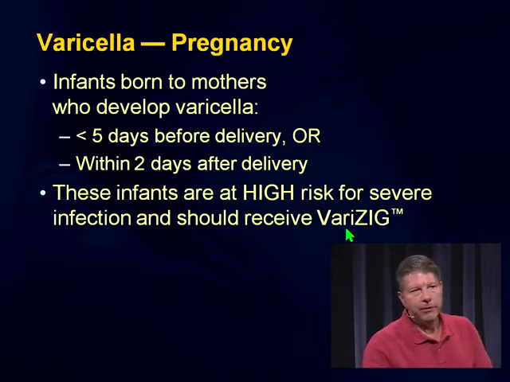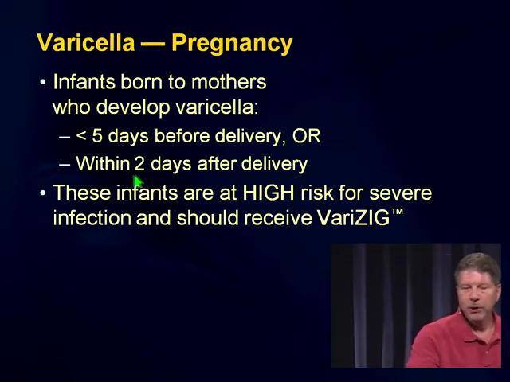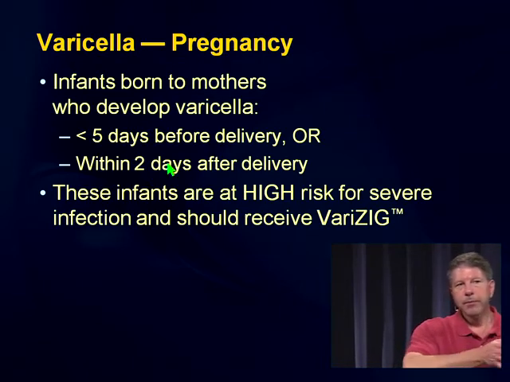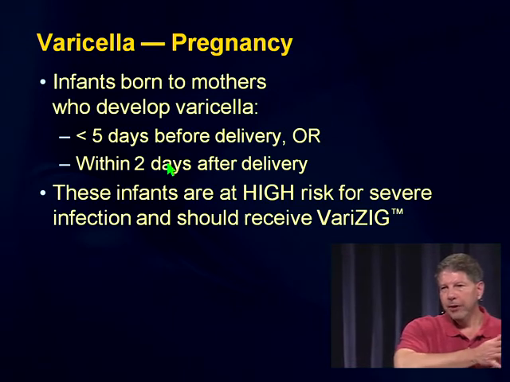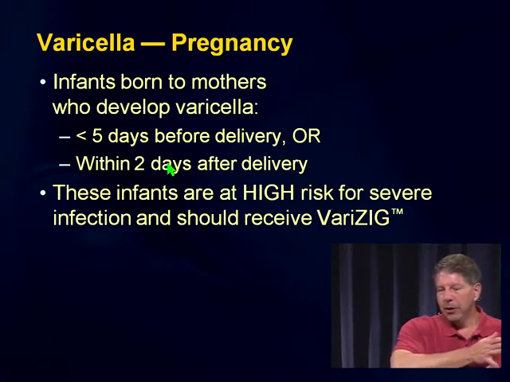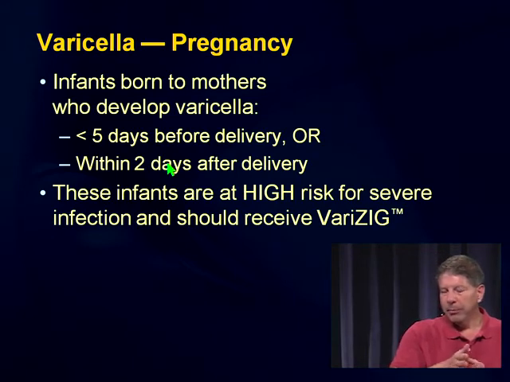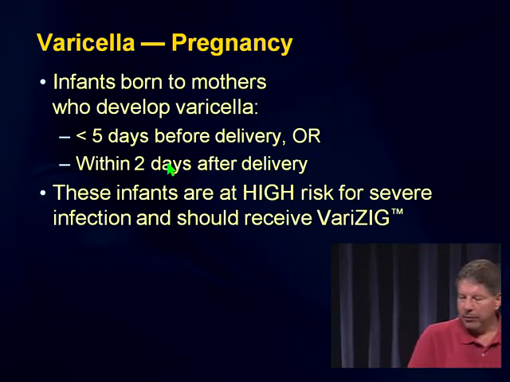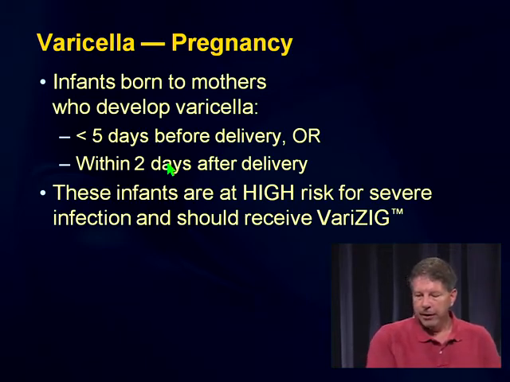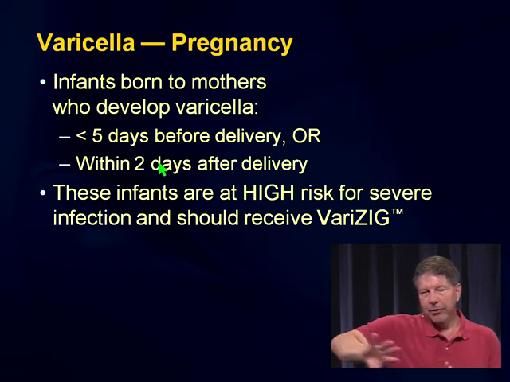The reason is because the mother has formed no antibodies during this time. So if she develops it less than 5 days before delivery, she hasn't formed good antibodies yet, or within 2 days of delivery, she hasn't developed good antibodies. And so the baby is at very, very high risk. The other thing with this 2 days part here, remember the incubation period, right?